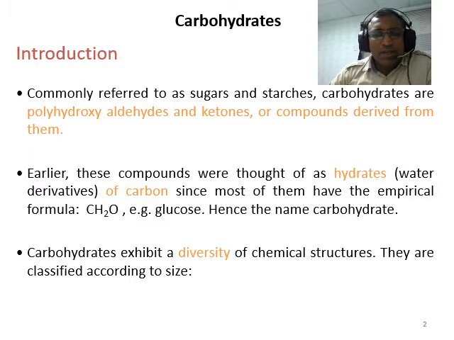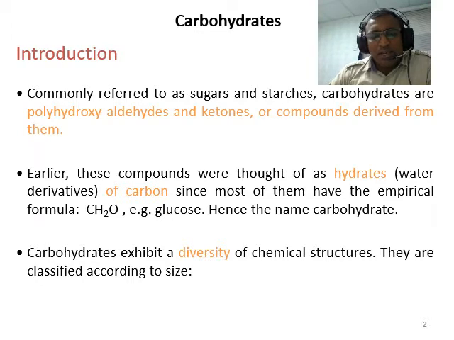It also has modified derivatives of carbohydrate, which we will look at in the second part of this lecture. In the second paragraph, it's given why it's called carbohydrate: initially they thought it was carbon having water molecules, or hydrated, therefore the term carbohydrate came about.